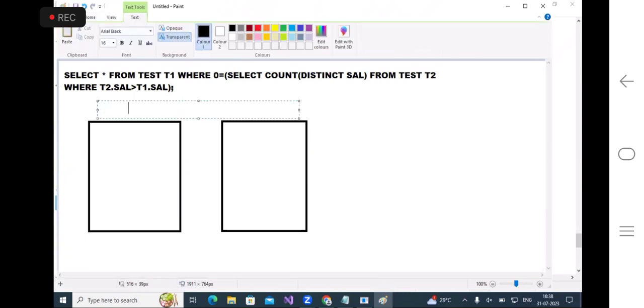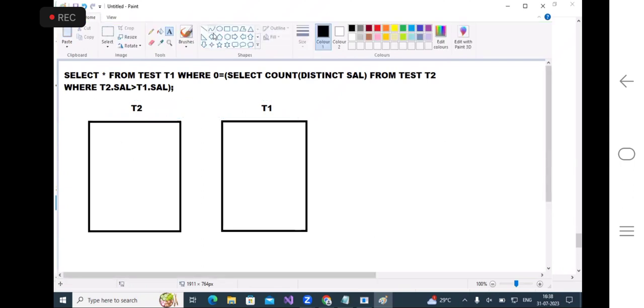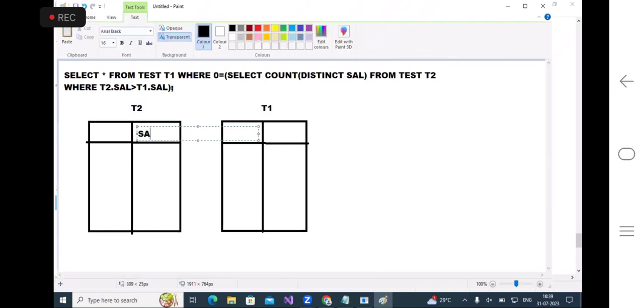So these are the two virtual tables, guys. For example, this is T2 and this is, for example, T1. Now in these different columns, one column I'm taking, the salary column, and comparing. The remaining columns are as usual.